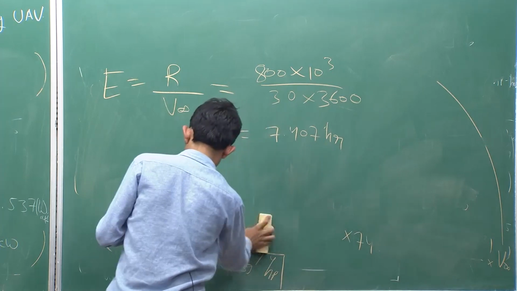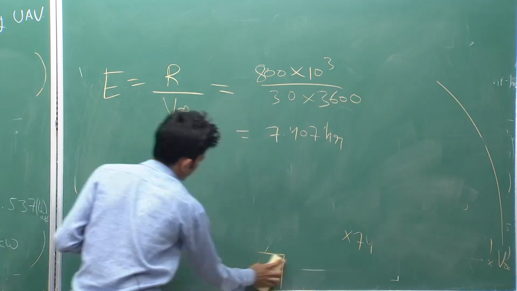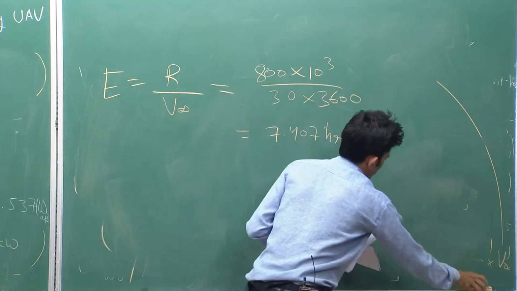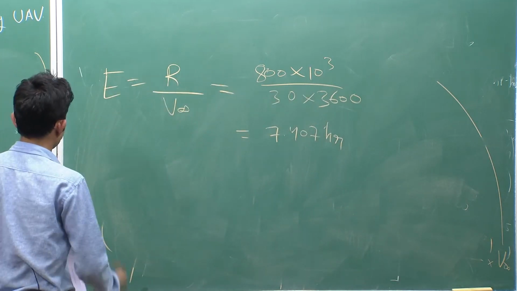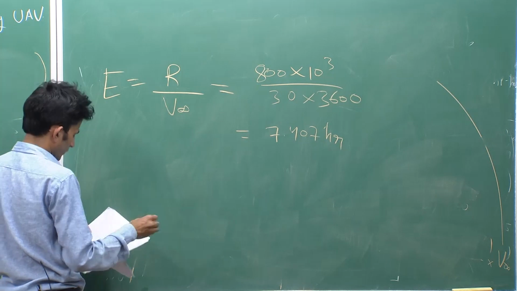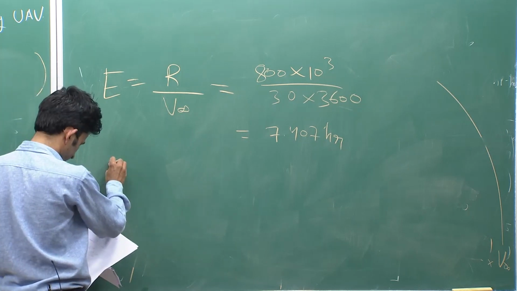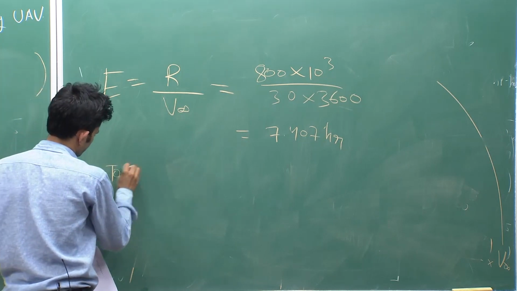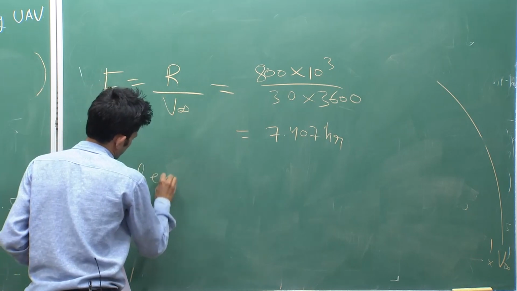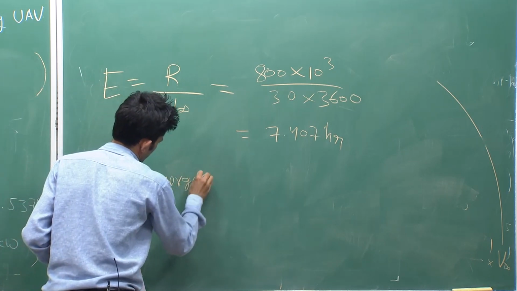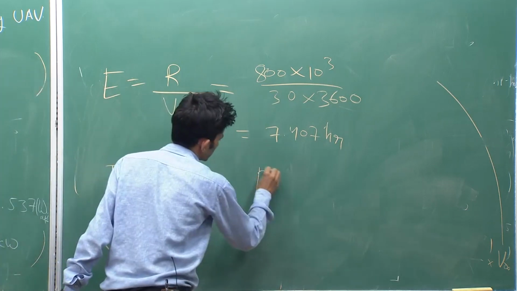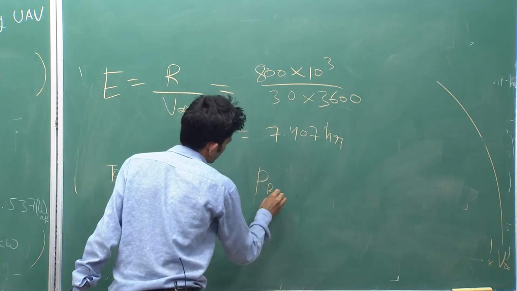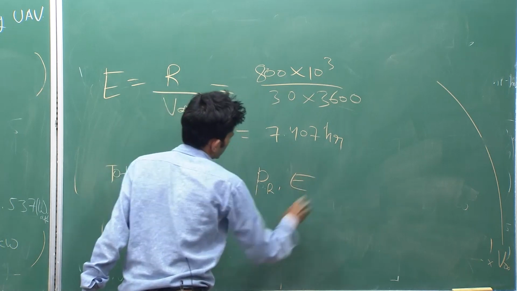And in the third question you have to find the total energy supplied by the battery, in kilowatt hour. So, total energy will be the power required multiplied by the endurance.